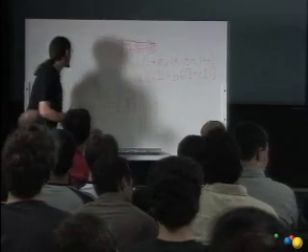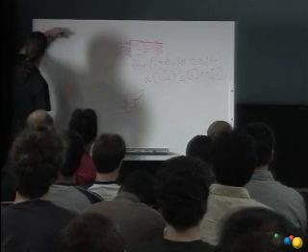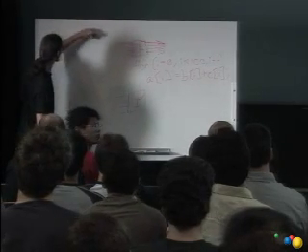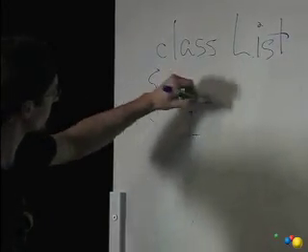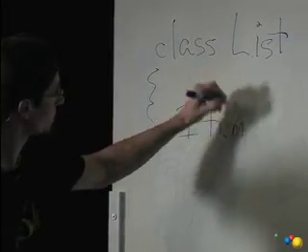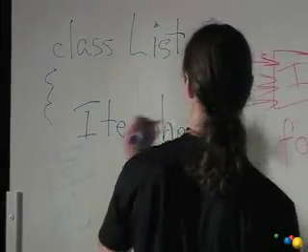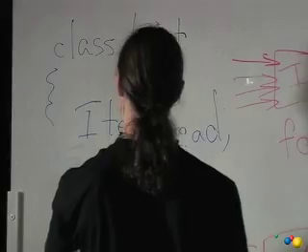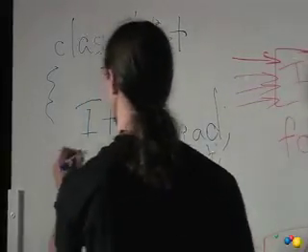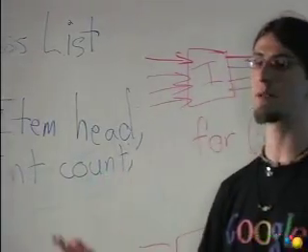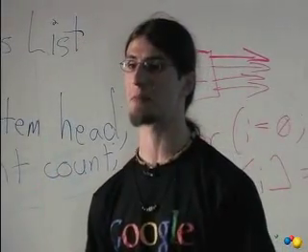For example, it might be possible for us to have a linked list class. So we have a reference to the head item in the list, and we might also have some field called count, which tells us how many items are in the list without having to actually traverse it.